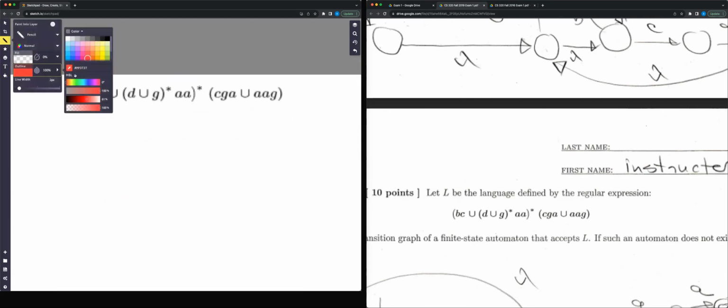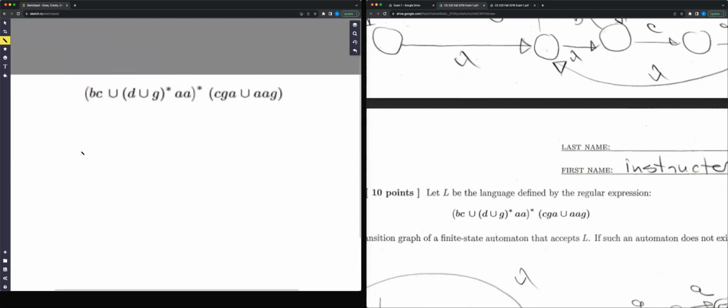Okay, so starting from my starting state, I see that there's a star here, so I'm going to eventually loop back to the state.